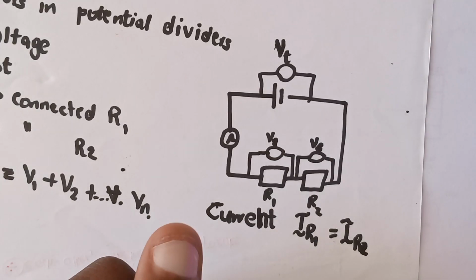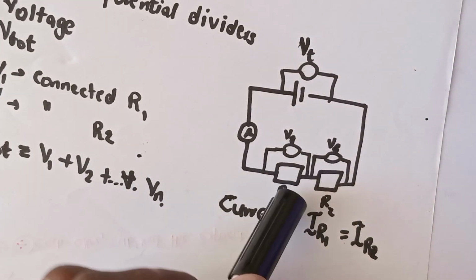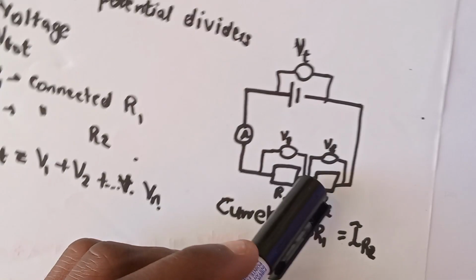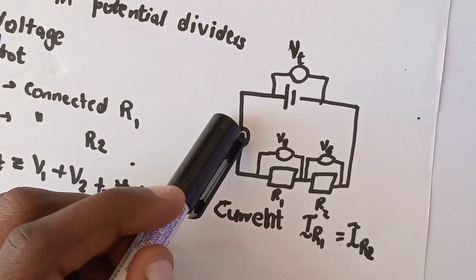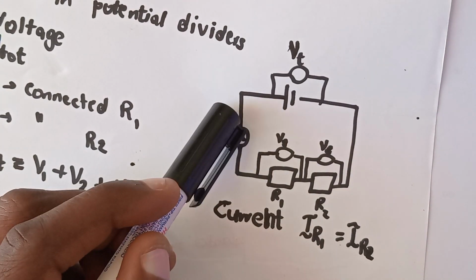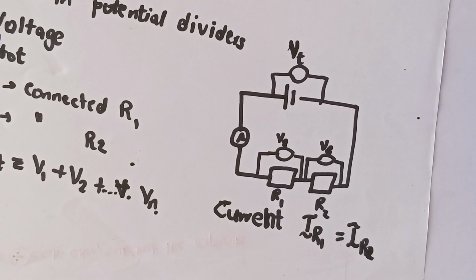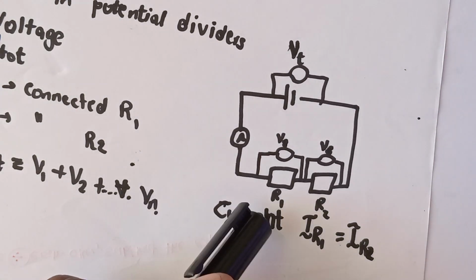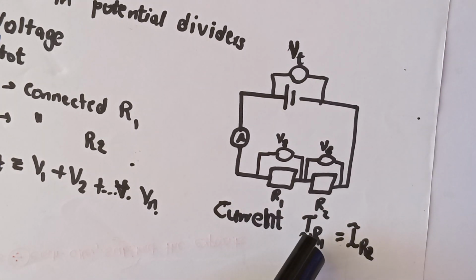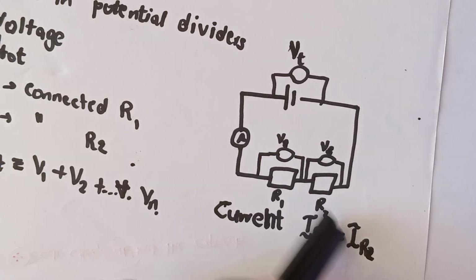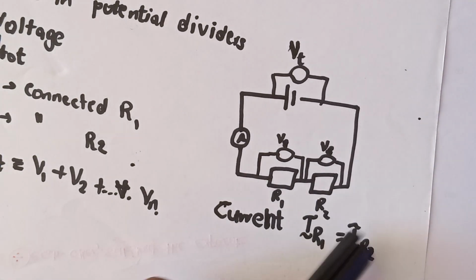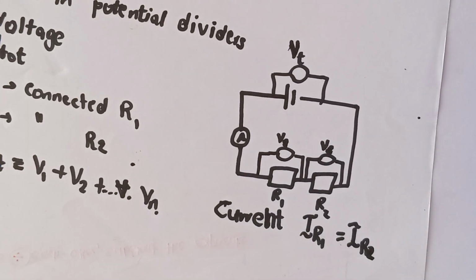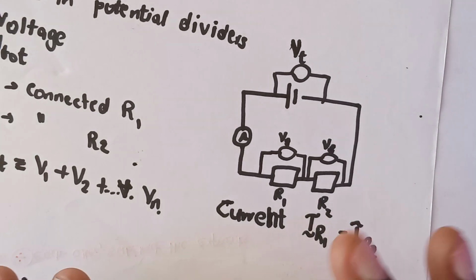The current through R1 and R2 is equal to the current that this ammeter reads. So I R1 is equal to I R2. They only divide the potential difference.